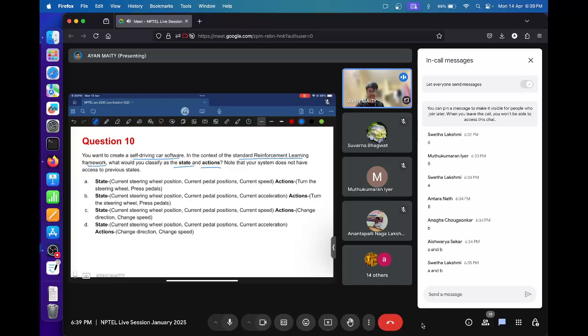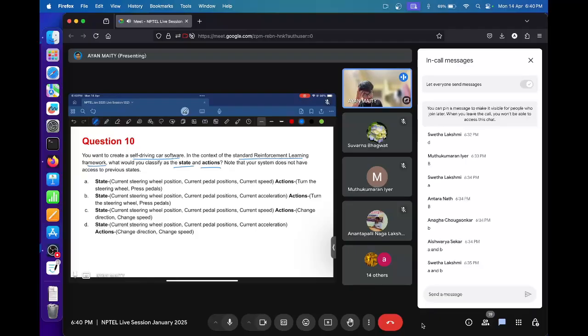Option A says state should contain current steering wheel position, current pedal position, current speed. Action should be turn the steering wheel, press the pedal. Option B says state should contain current steering wheel position, current pedal position, current acceleration, and action should be turn the steering wheel, press the pedal. Option C says state should contain current steering wheel position, pedal position and current speed.